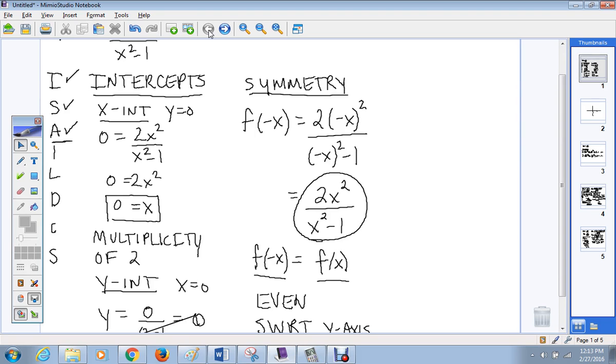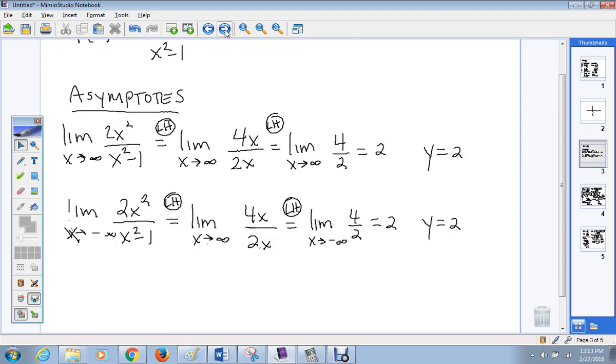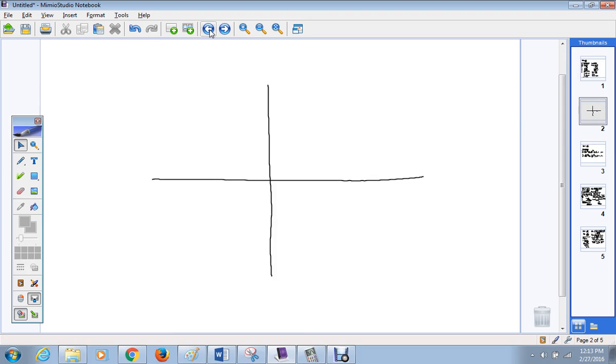So let's put our x-intercept here at 0, 0.